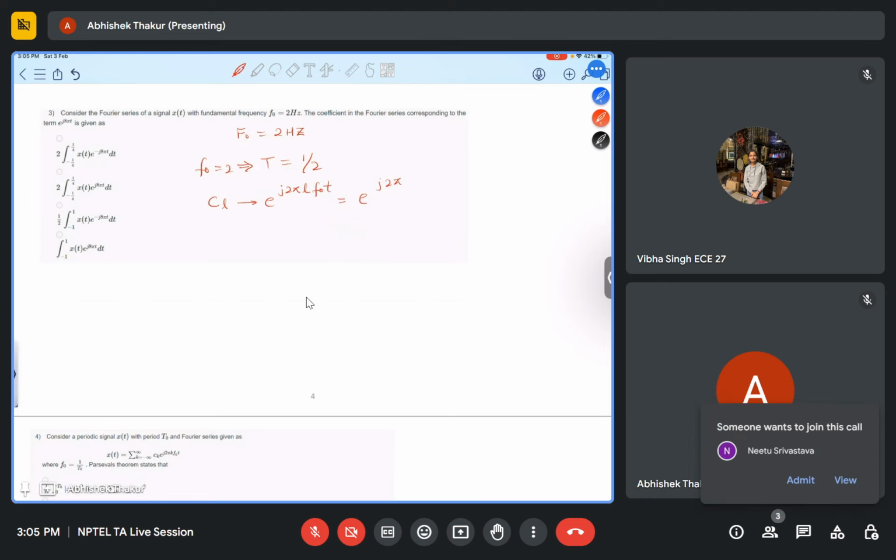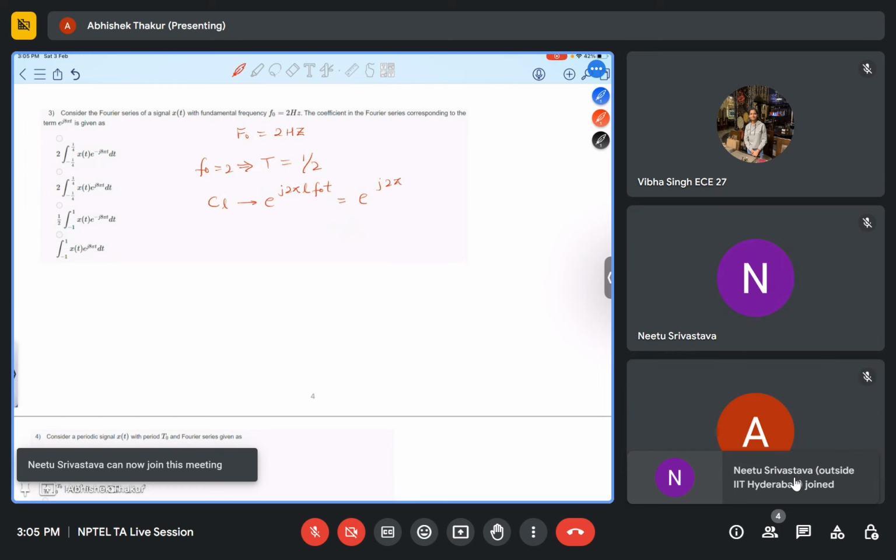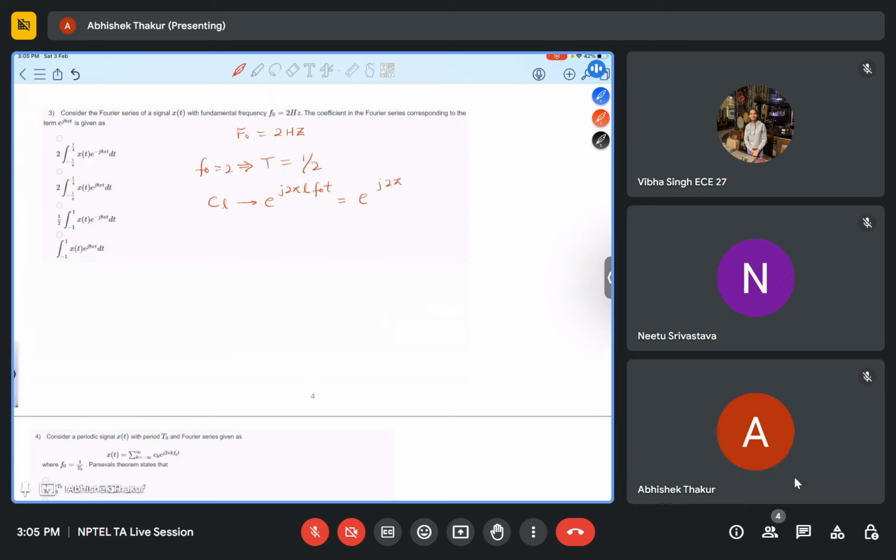So for the Lth coefficient, 2 pi, f naught is 2 and t is 1 by 2. So 2 into 2, 4, 8 pi. So this will be e to the power of j 8 pi t.